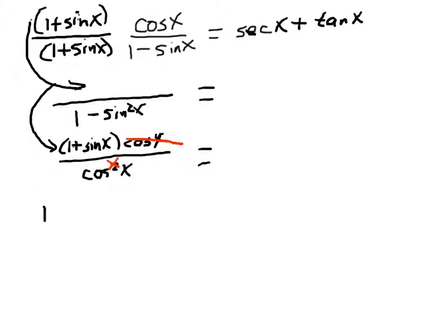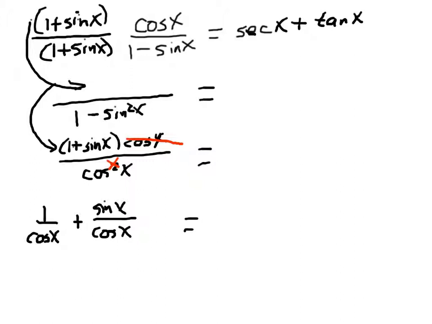And so this would be 1 over the cosine of x. Now remember, if I'm going to take this single fraction and write it as a sum of fractions, you have to have a common denominator, which in this case is our cosine x. Second fraction is going to be sine x over cosine x.